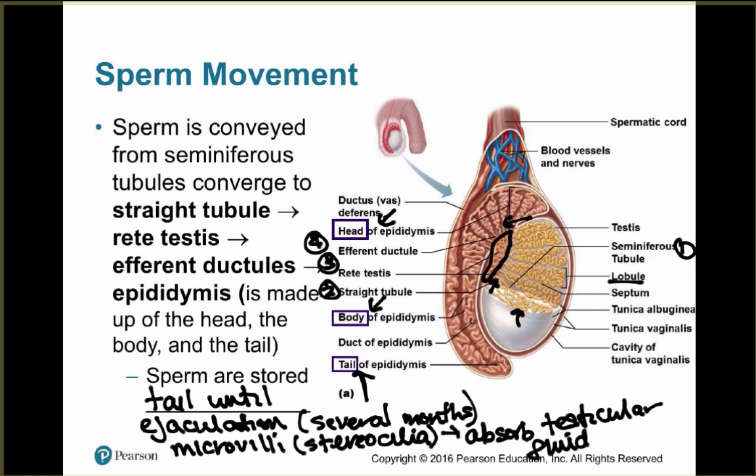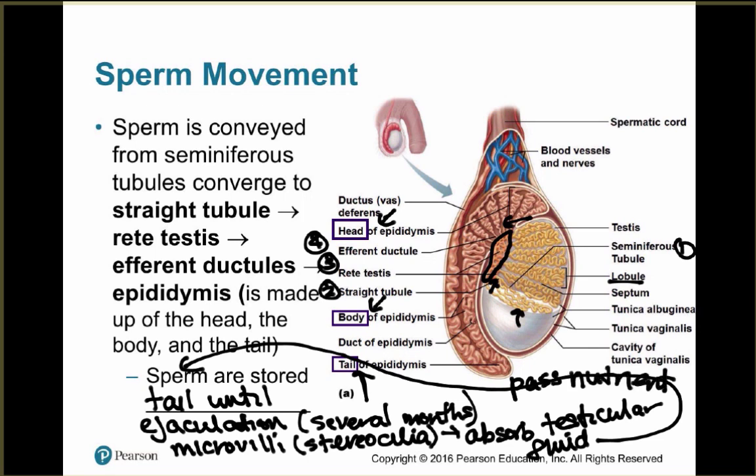Basically, from there, they will pass the nutrients from that to the sperm. And so the sperm will enter non-motile, and they will pass slowly through this. It takes about 20 days. And they'll go from non-motile to being able to move.